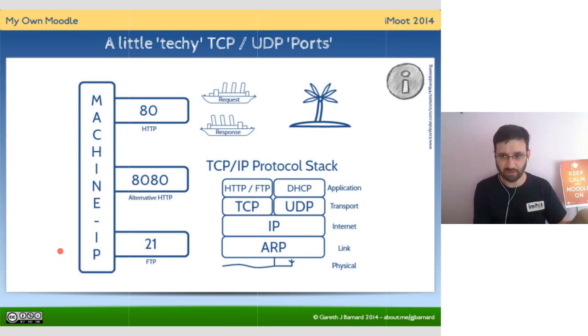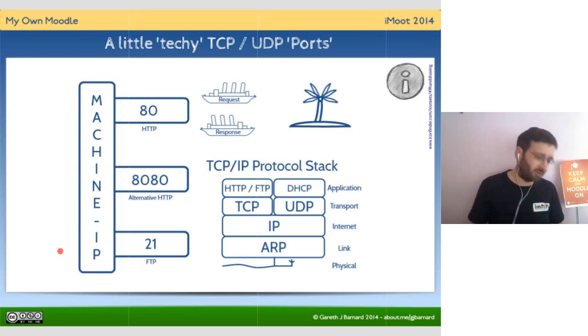DHCP: you've got your laptop, you connect in, and it gives you an IP address. That's all it does. And underneath that, you've got TCP, which is a very robust way of communication. UDP, or User Datagram Protocol, is more like a broadcast. You're not sure if it's going to get there.